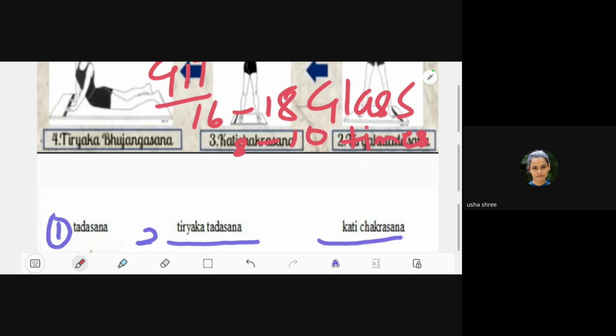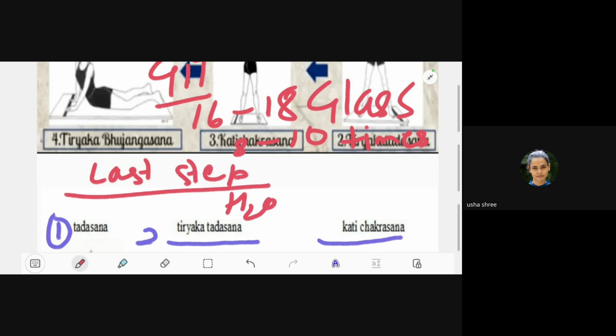A person who has more problems with constipation, or more skin problems or skin diseases like eczema or urticaria, might need to perform more, until the water is as clear as we want, because at the end the water shall be clear. In the last step, the water which comes out of your body through the anus shall be clear.